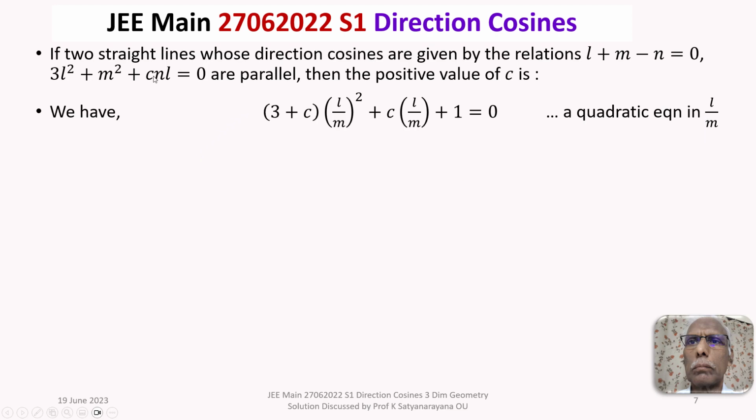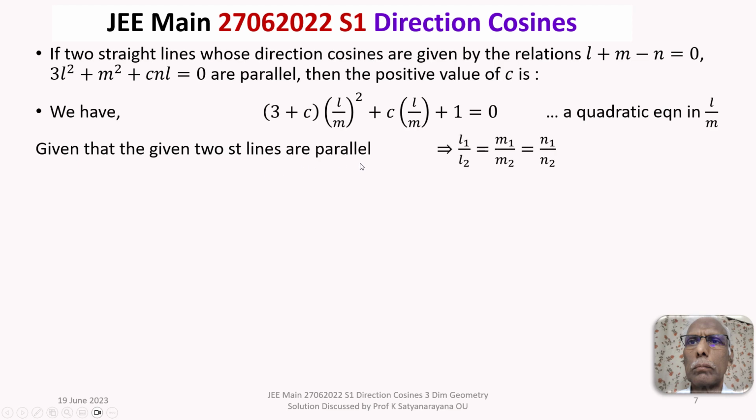Now, so far we have not used the fact that these two straight lines are parallel. Given that the two straight lines are parallel, and the direction cosines of the first are l1, m1, n1 and of the second are l2, m2, n2, it means l1/l2 = m1/m2 = n1/n2.